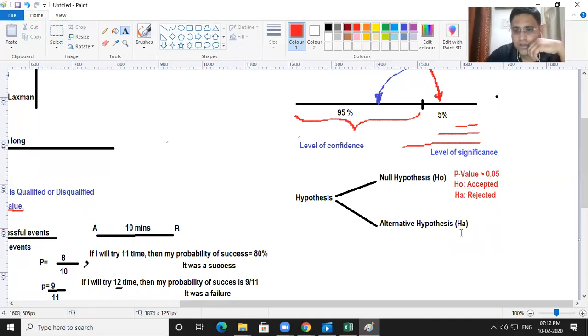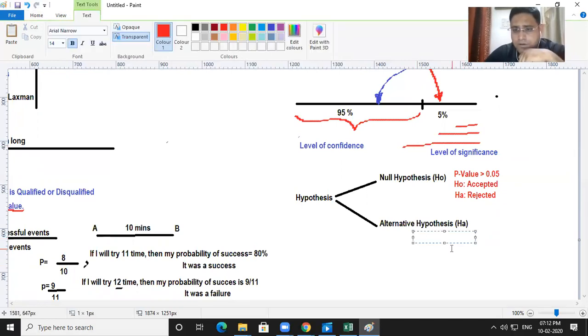And if my p value is less than 0.05, meaning 5%, where will I fall?